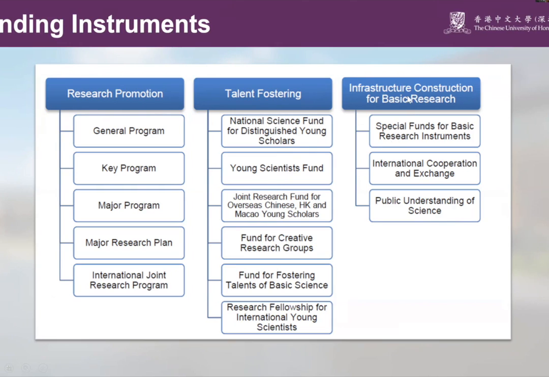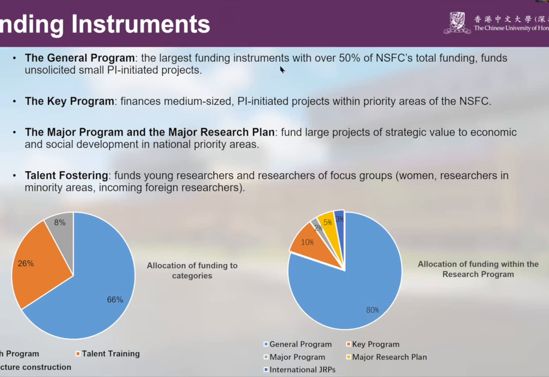The third type of research program is infrastructure grants, which fund big equipment and the development and building of research equipment. Usually we're talking about 15 million or 20 million US dollar research projects. So that's the rough picture of the funding instruments in NSFC at the national level.